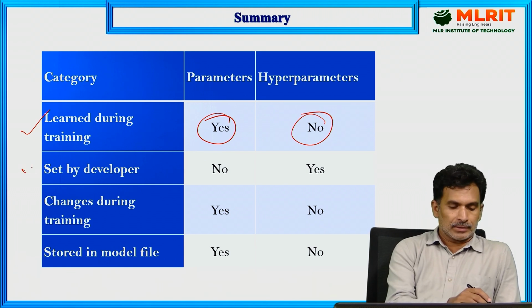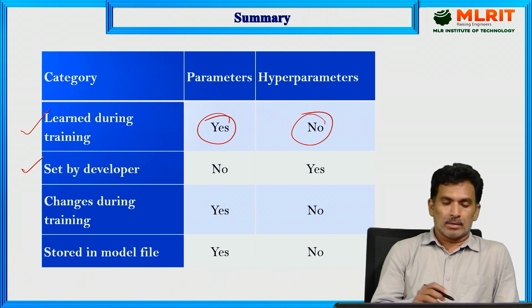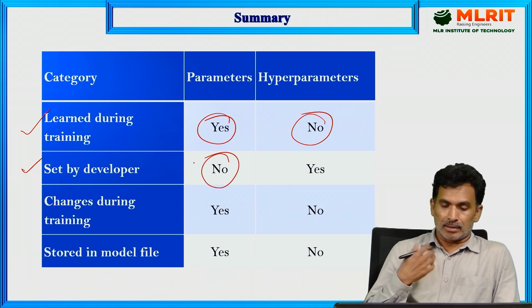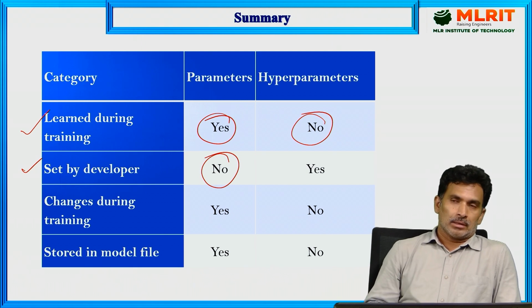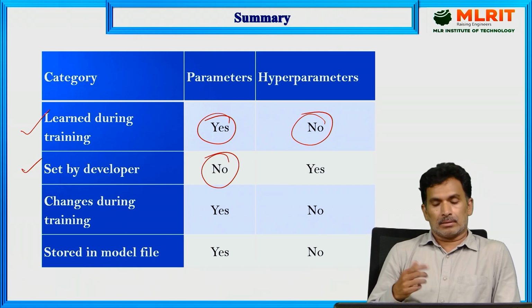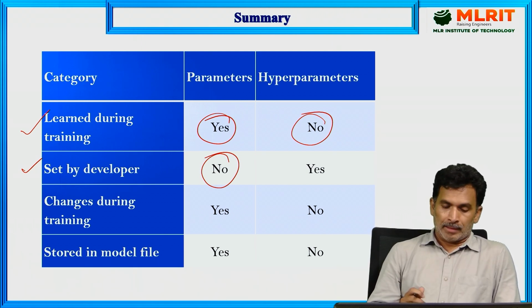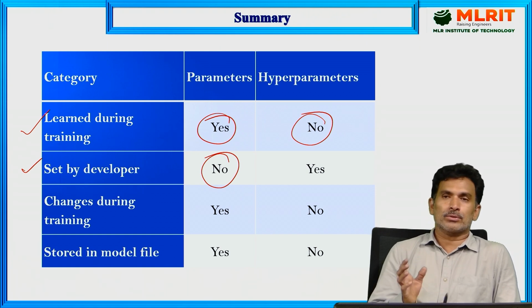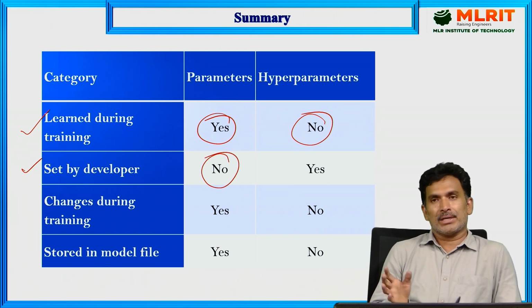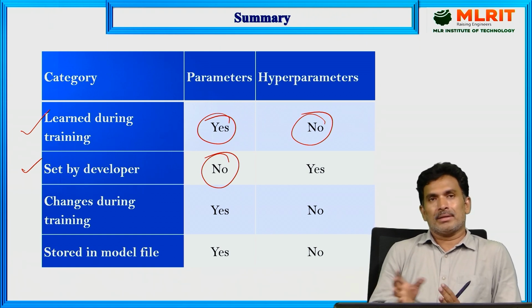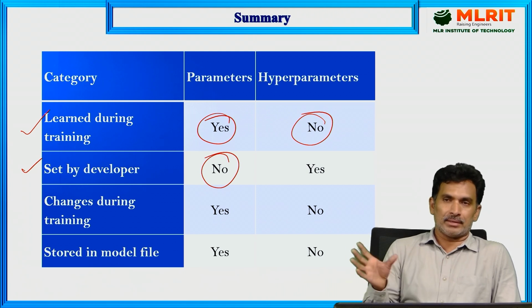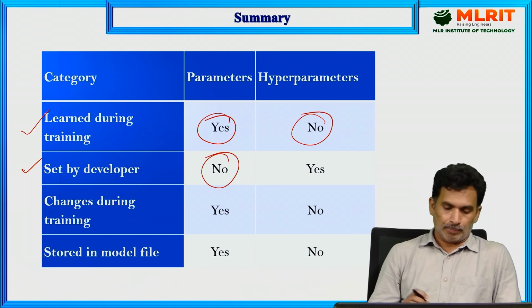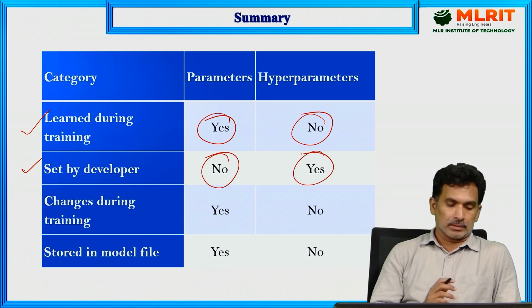Next, set by developer. Parameters are not set by the developers, because machine learning learns itself by tuning the parameters, that is, adjusting them to find the exact or near correlation between the input features and the target output. Hyperparameters are set by the developer.